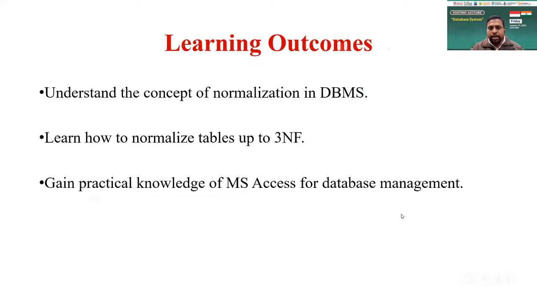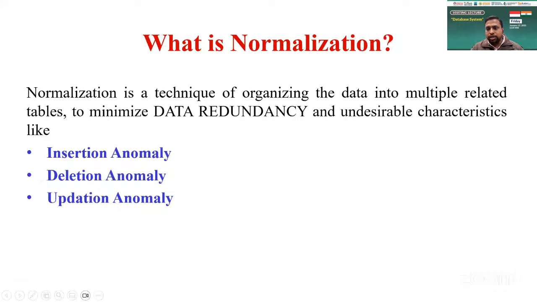So the first question that arises is, what is normalization? Normalization is a technique of organizing the data into multiple related tables to minimize data redundancy and undesirable characteristics like insertion anomaly, deletion anomaly, and updation anomaly.